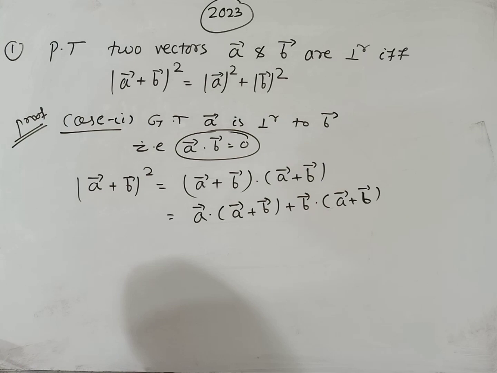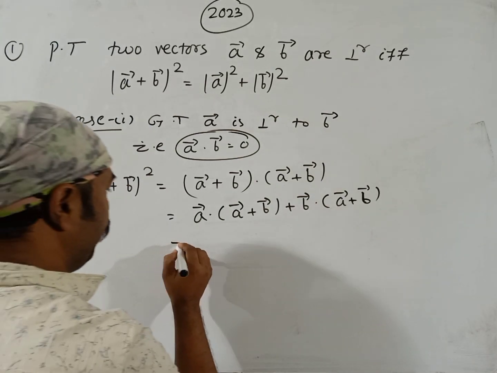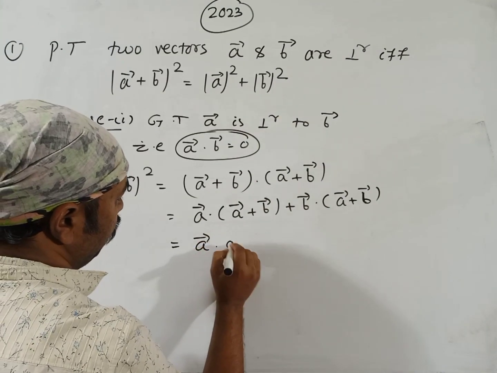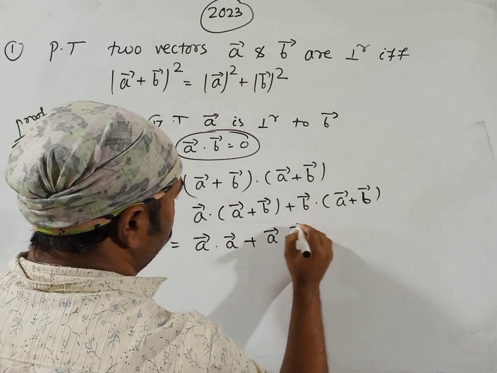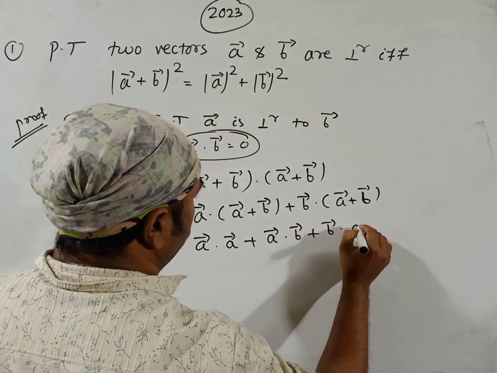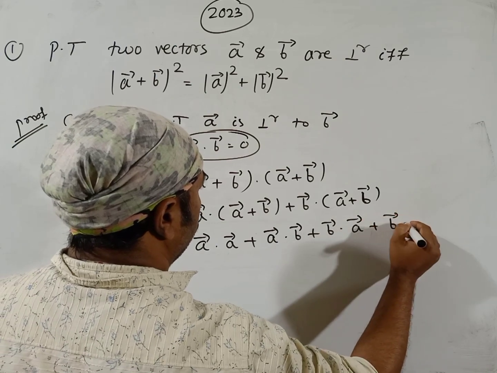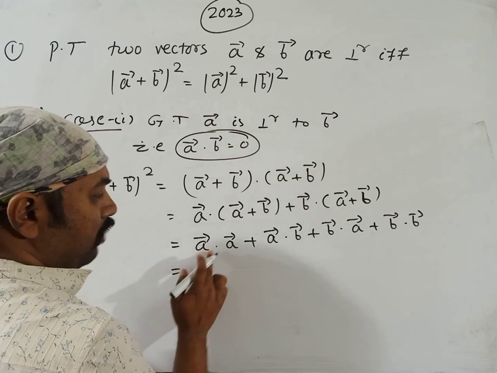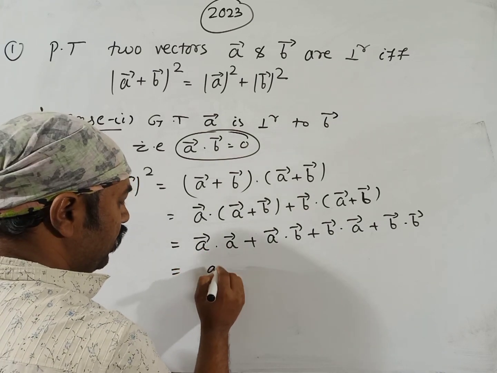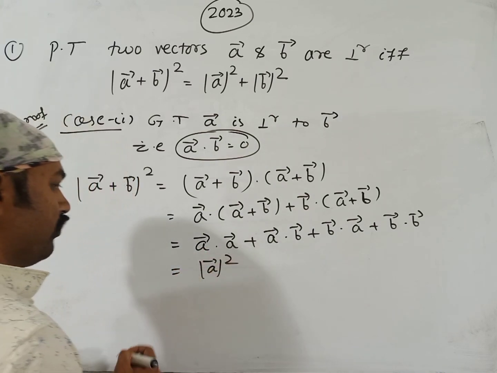Then applying the properties of dot product, we can have A vector multiplied with A vector plus A vector multiplied with B vector plus B vector dot A vector plus B vector dot B vector. A vector dot product with A vector is the square of magnitude of A.